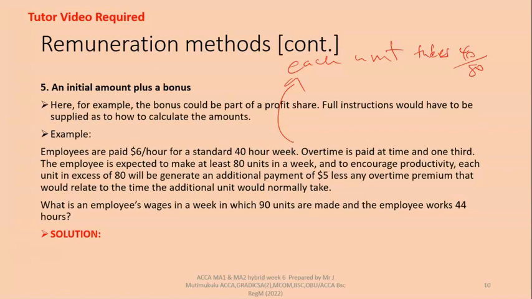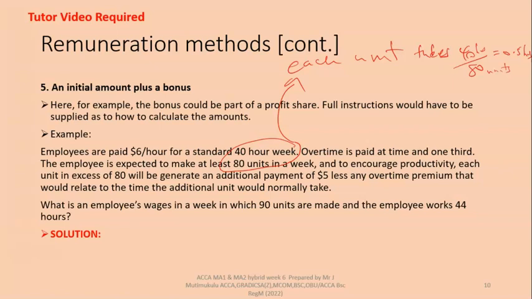Overtime is paid at time and a third. The employee is expected to make 80 units in a week. So 40 over 80, that's 0.5 hours. The week has 40 hours and 80 units are produced in that time, so each unit takes 0.5 hours.